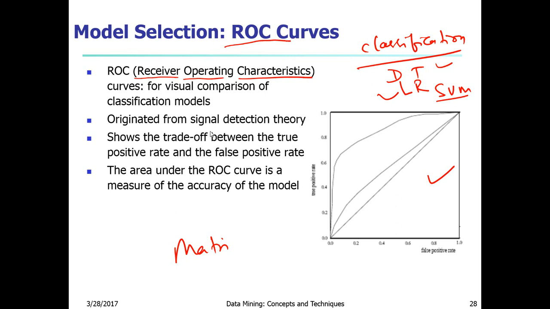This basically originated from the signal detection theory, and it has now been heavily used by data miners, machine learning engineers, and economists. What it shows is the trade-off between the true positive rate and the false positive rate. So that's the trade-off.